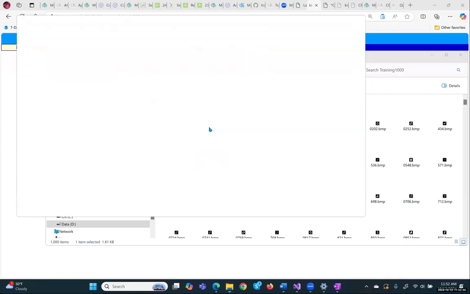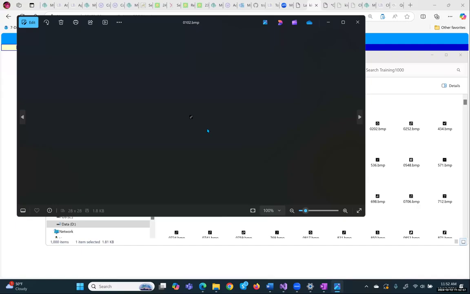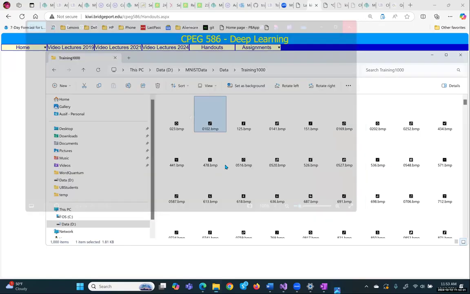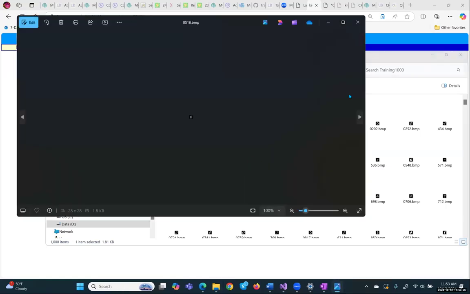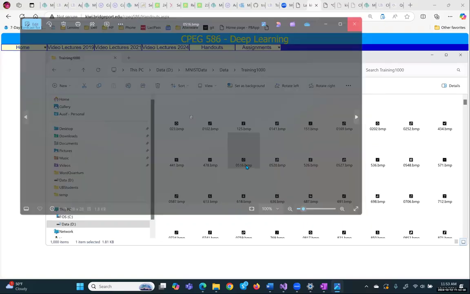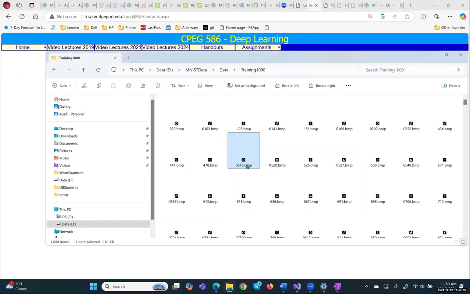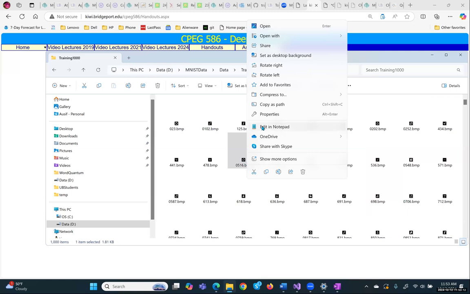Let me see if I can show you one of these images. How do I view it better? Zoom in.